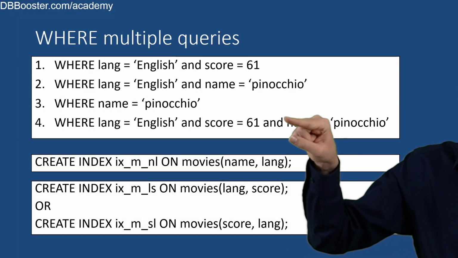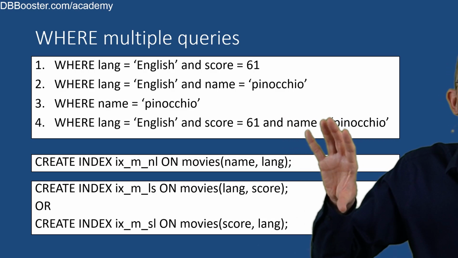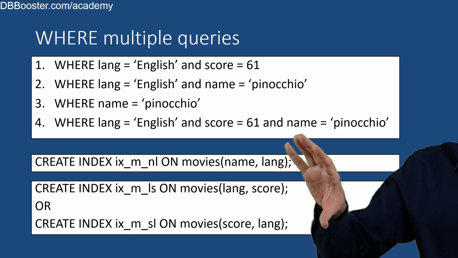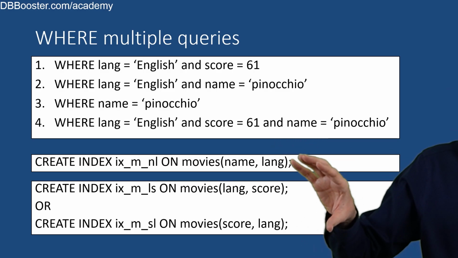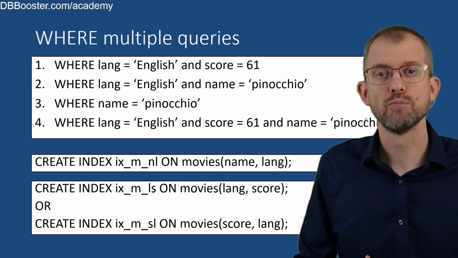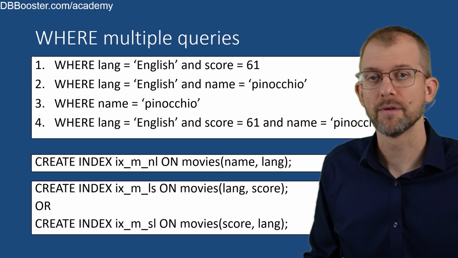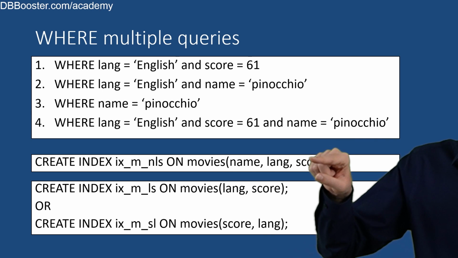The fourth where clause with all 3 equalities would work with all of these 3 indexes. For the first index, I just need to add score, and for the other 2 indexes, I need to add name. Since score is smaller than name in terms of bytes, I decided to use the first index.